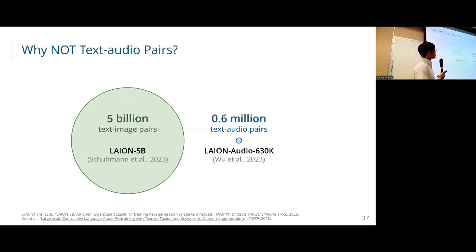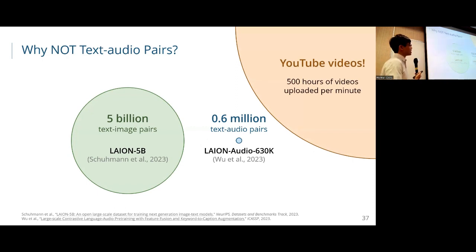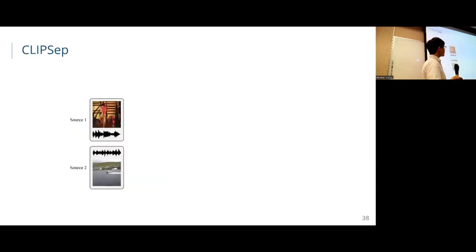So in this project, we want to propose an alternative way of training the model, where we can use YouTube videos, which is a huge amount of data, to learn text-to-audio generation or text query sound separation.